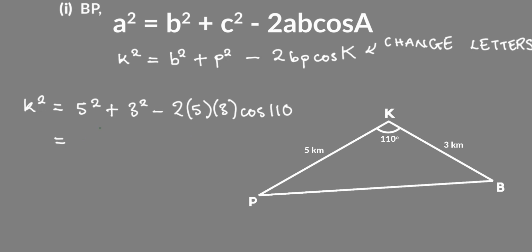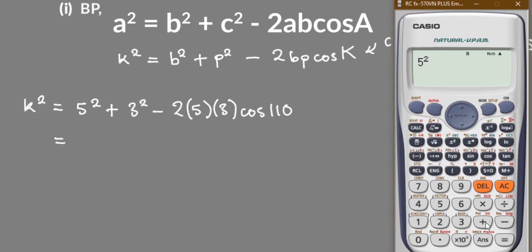We can simplify some parts here, but it's better for us to just go to the calculator and do it once and for all. We can just write it as it looks, then we close our brackets, we hit equals. This is our value that is equal to k squared.